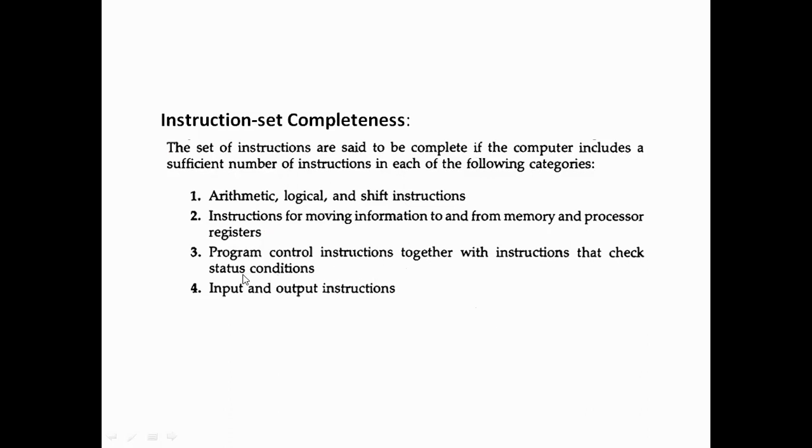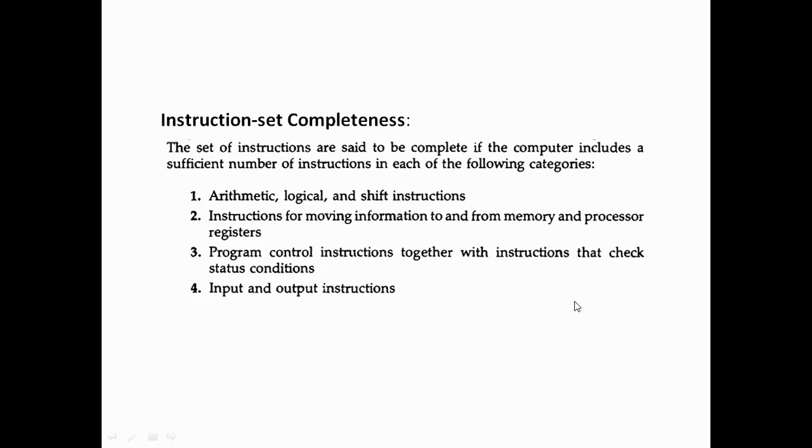For example, I have to check status conditions, right? This type of instructions are there in sufficient number. And for input and output, taking input from IO devices and sending output to IO devices, if there are sufficient number of instructions for this also, then we say that it is a case of instruction set completeness.